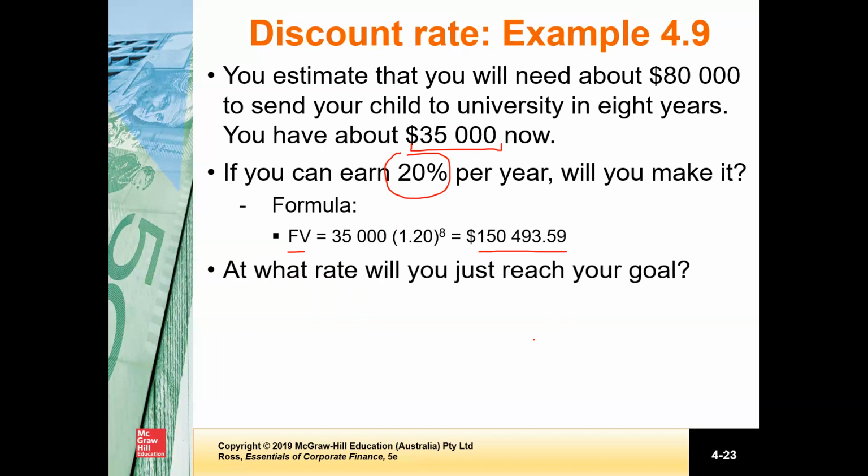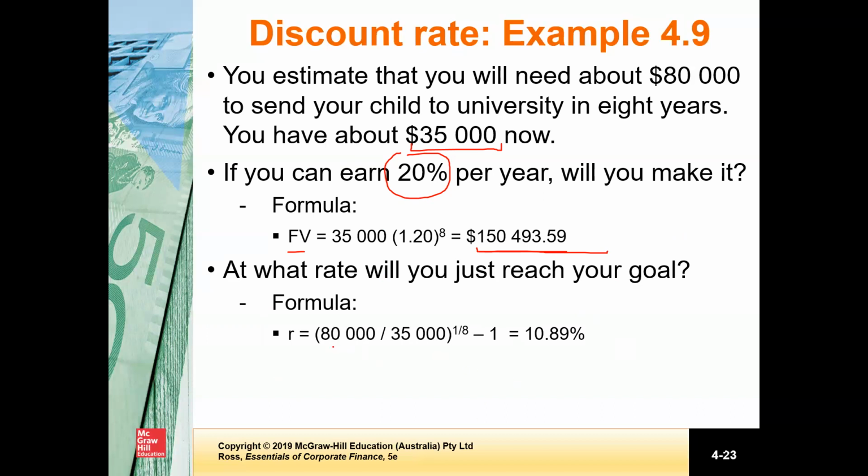Okay. The next question is at which rate will you just reach your goal? So obviously in this case, you can see that your money will be more than enough you need to send your child to uni. So in this case, what you do is you need to find out what is the rate your investment will be making just enough money for your child to go to uni.